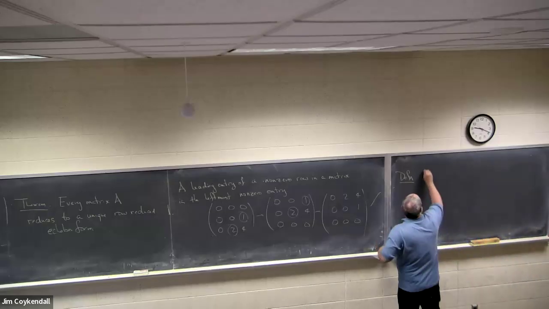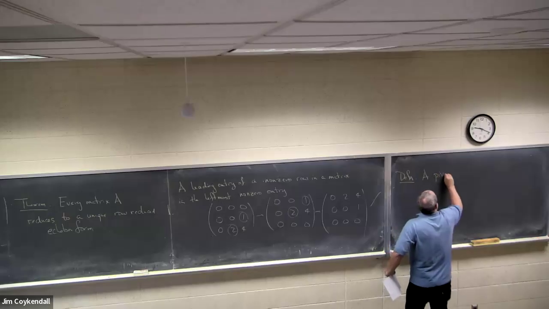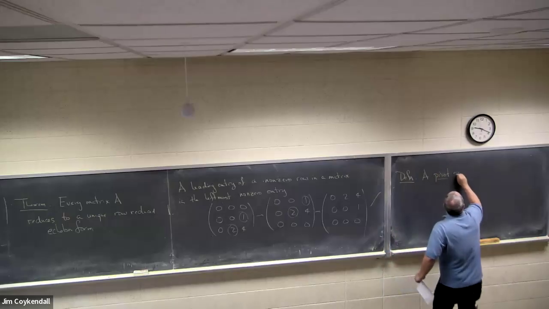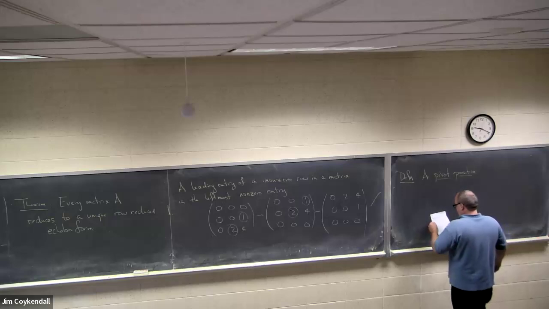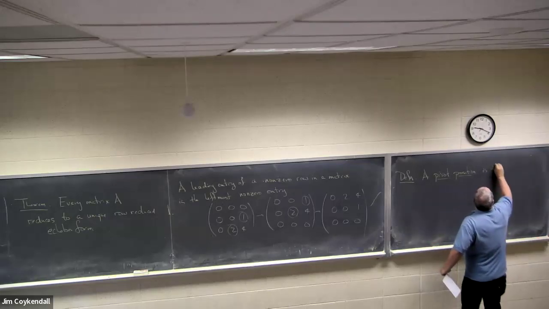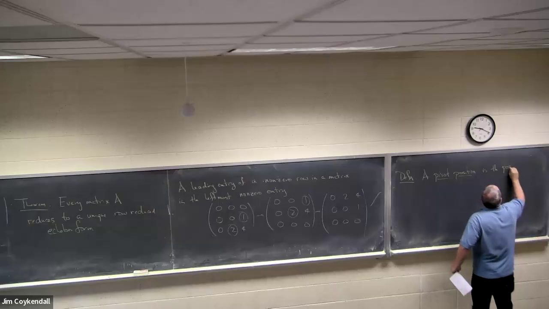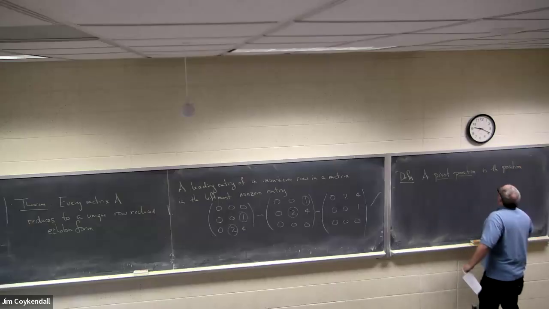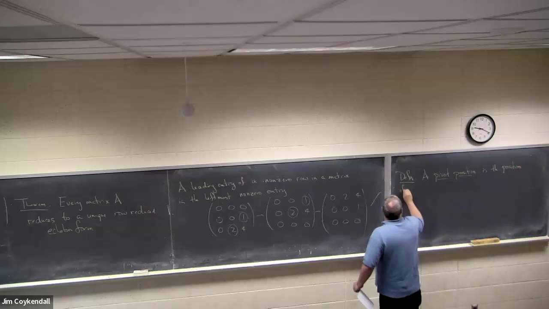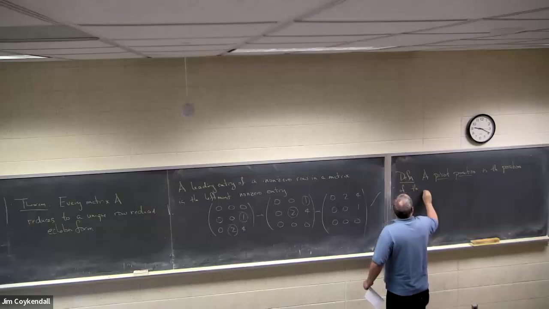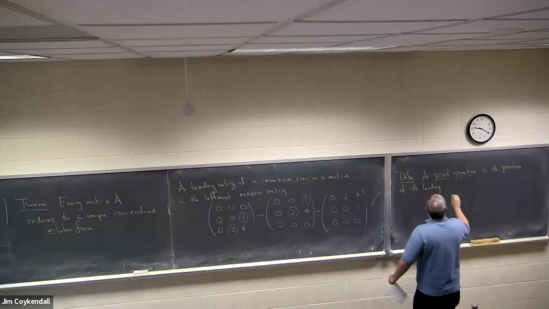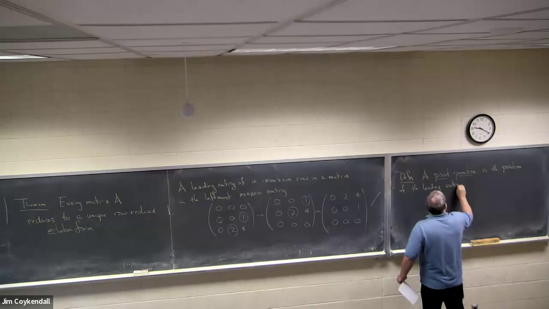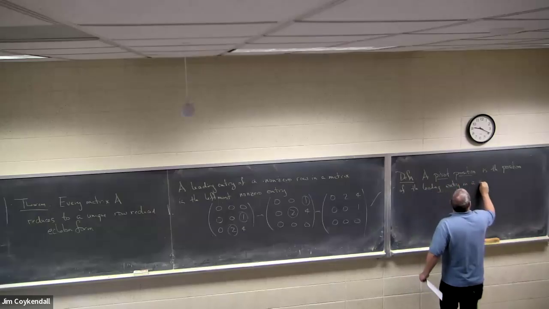A pivot position is the position of the leading entry in a given row.